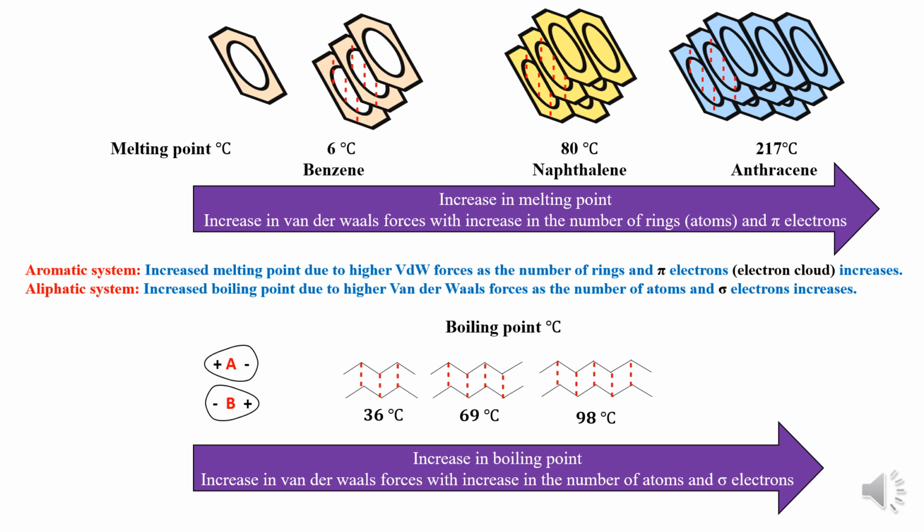So in case of aromatic system, the increased melting point is due to higher van der Waals forces as the number of rings and pi electrons, that is the electron cloud, increases. And in case of aliphatic system, there is increased boiling point due to higher van der Waals forces as the number of atoms and sigma electrons increases.